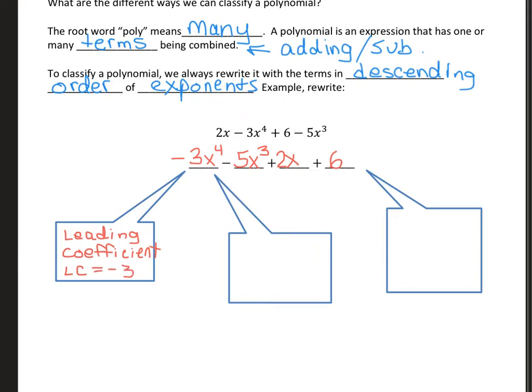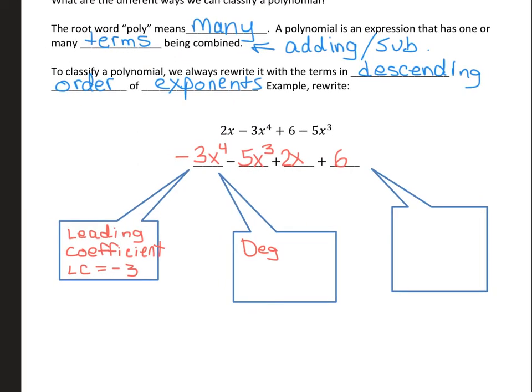That highest power there that we see, this 4, we call that the degree. So our degree is the largest or highest power. I'll say biggest exponent or biggest power.